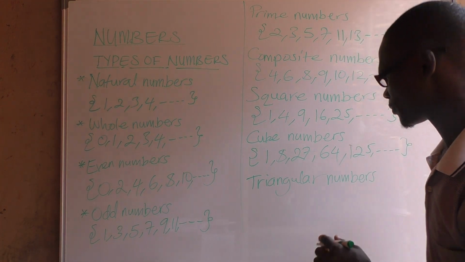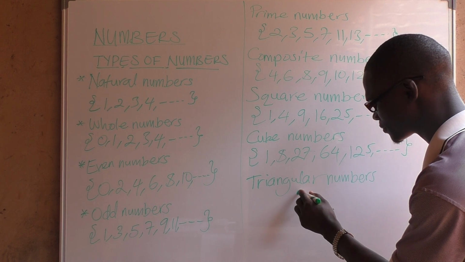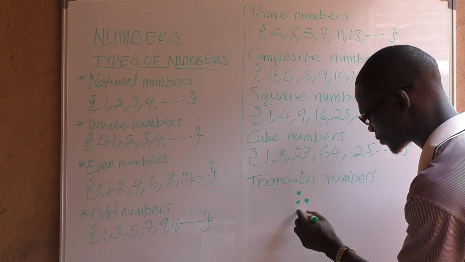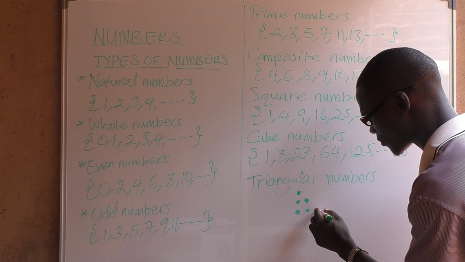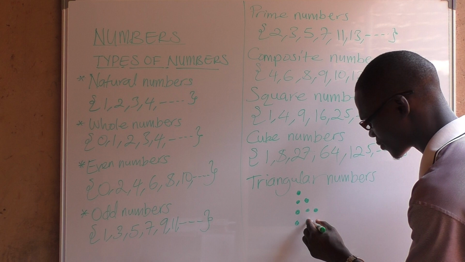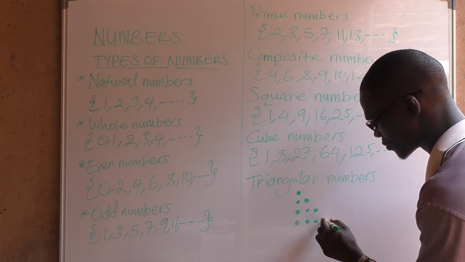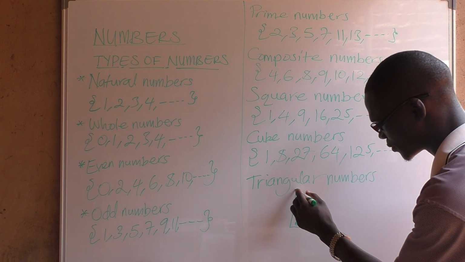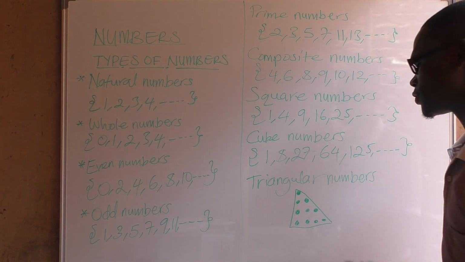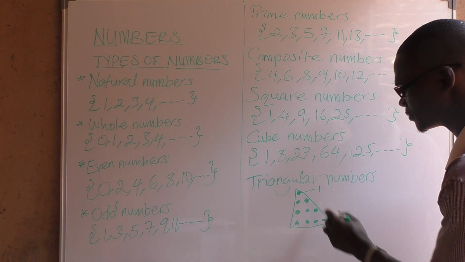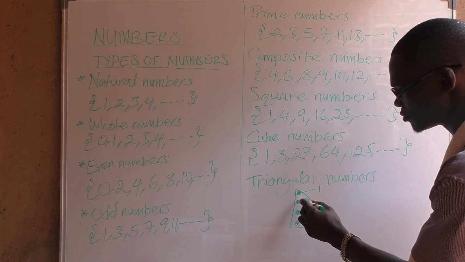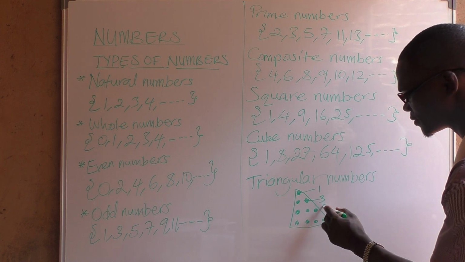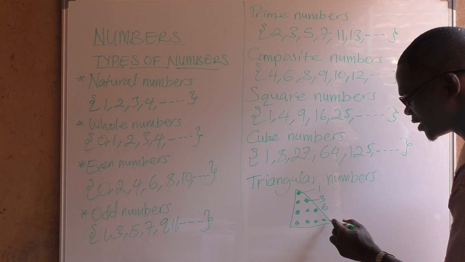That is to say, when we have dots, giving us 1, then this is 1, 2, 3, 4, 5, 6, 7, 8, 9, 10.